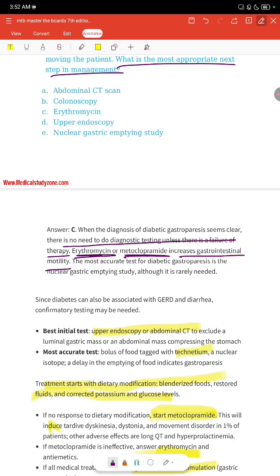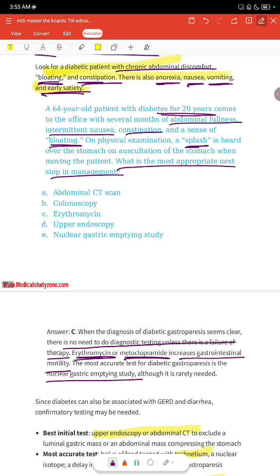The most accurate test for diabetic gastroparesis is the nuclear gastric emptying study, although it is rarely needed. From the symptoms alone, you can guess that it is gastroparesis, and it is as clear as daylight. So there is no need to do diagnostic testing unless there is a failure of therapy.